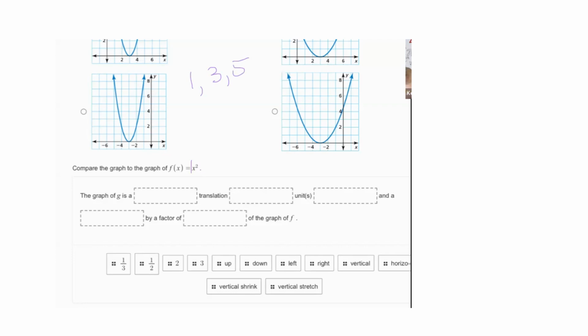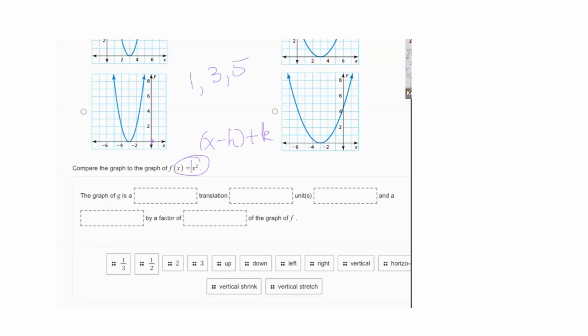Our parent function has its vertex over here, because there's no h and k, there's no numbers. That's why it's called the parent function.